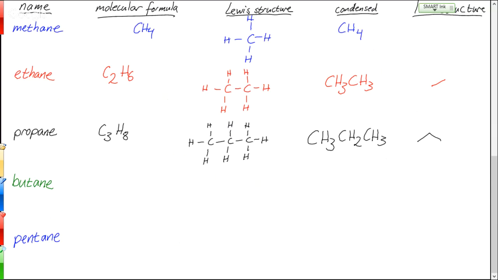Start with the Lewis structure. Follow the pattern of what we've been doing. And then see if you can find the molecular formula and the condensed and line structures too. If you can't, that's okay, but give it a try. Try to get as much filled in as you can. You can work together or ask questions on this. Look back at the ones we've already done. Try to follow the pattern.